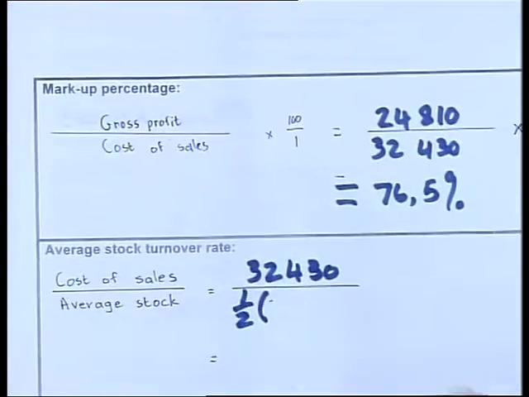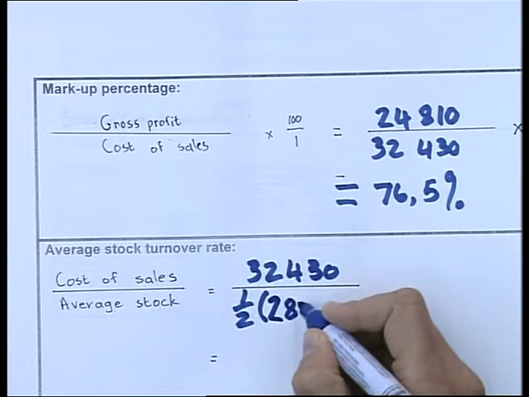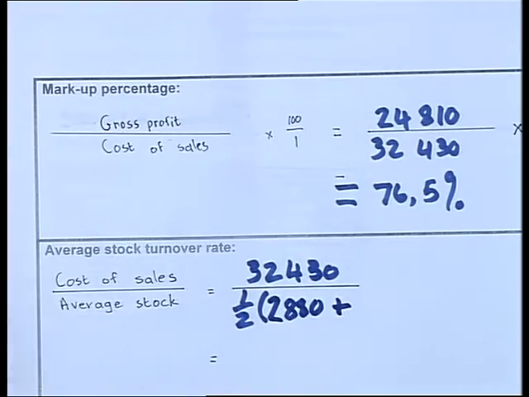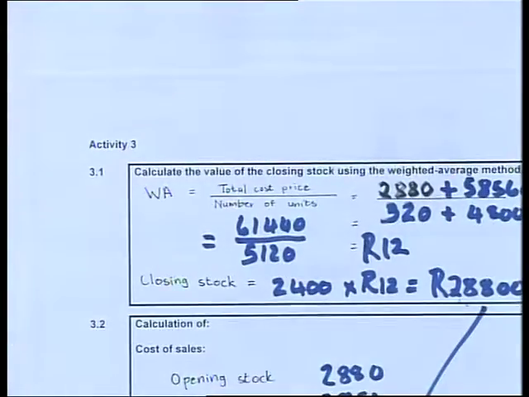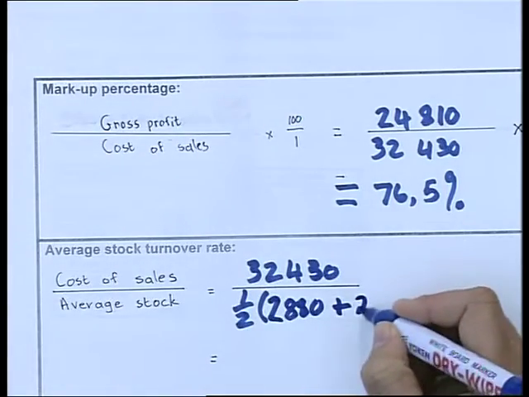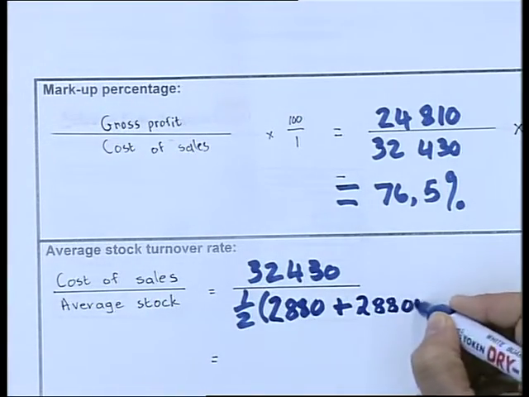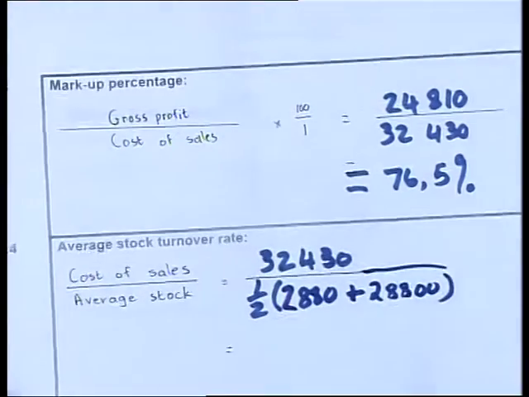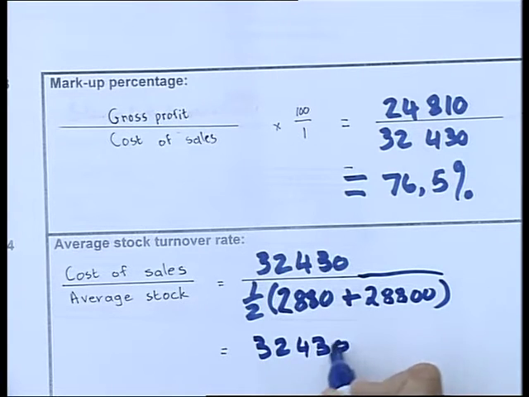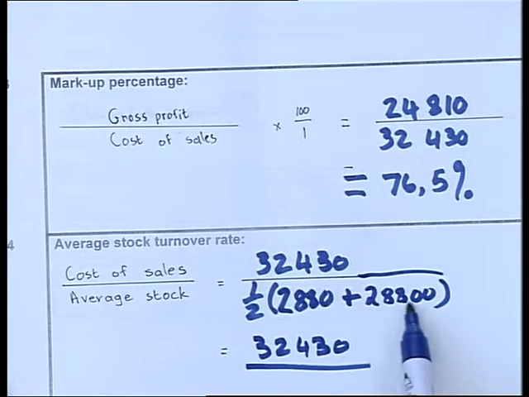Okay, so it's 2880 plus the closing stock we calculated in 3.1, the closing stock 28800. Okay, so if we now do that, we get 32430 divided by 2880 plus 28800 divided by 2.